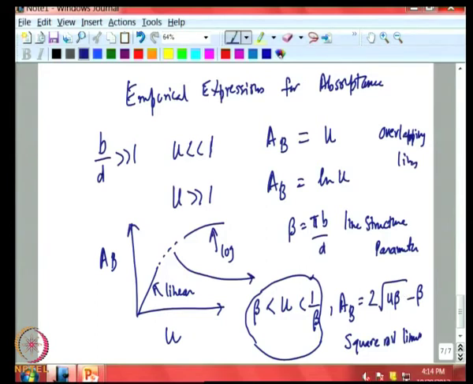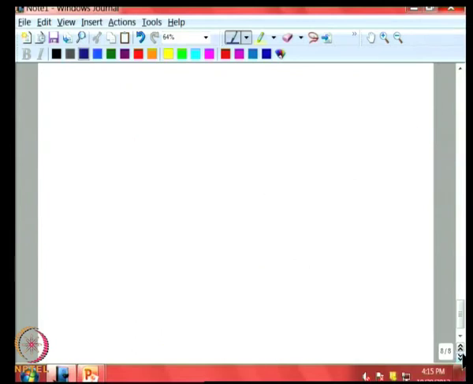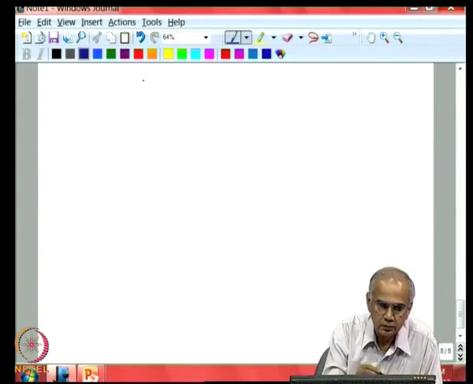So, generally people fit the band absorptance with these limits, and this can be widely used. And as an example, suppose you want an expression for absorptance which combines both the linear and the log limits.